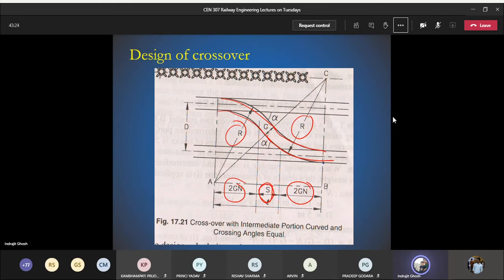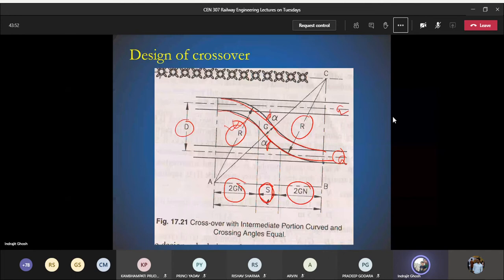Here we have to use R, we have to use D, and you have to use G. And obviously the crossing angle. So how to proceed? As the radius of the curvature is same, the crossing angles are also same.